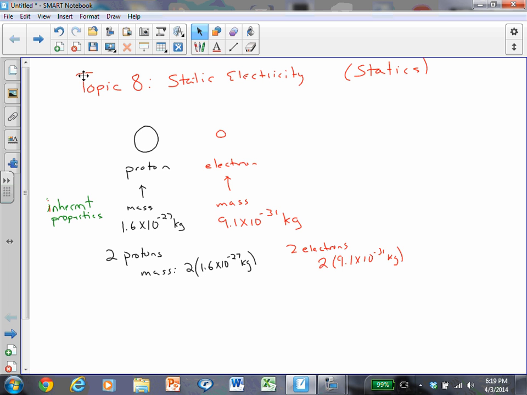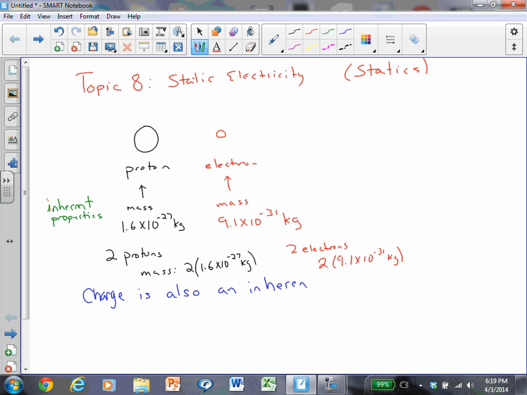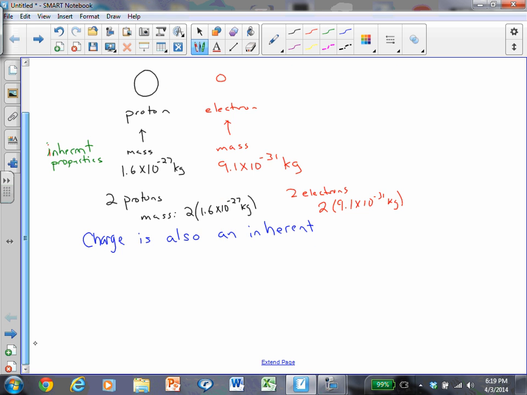Charge is also an inherent property. A neutron has no charge, it's neutral. A proton is what we call a positive charge.